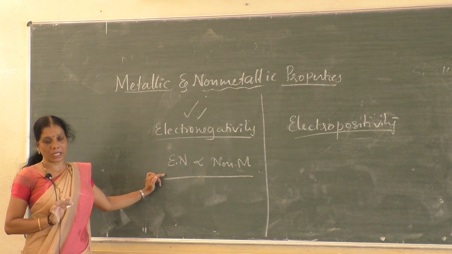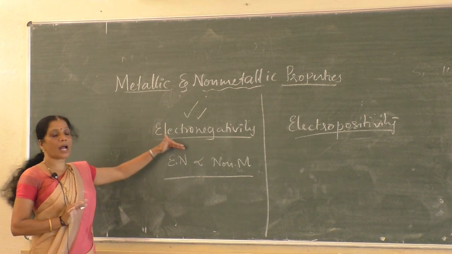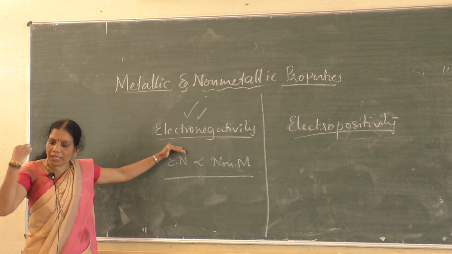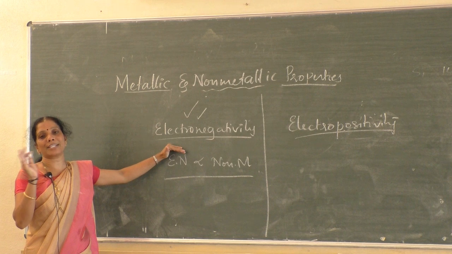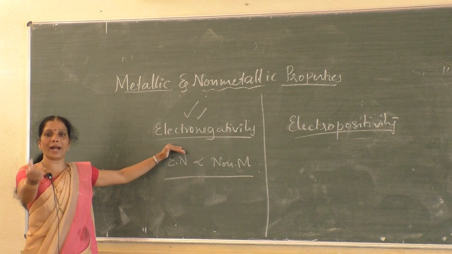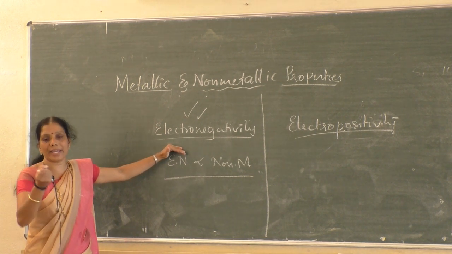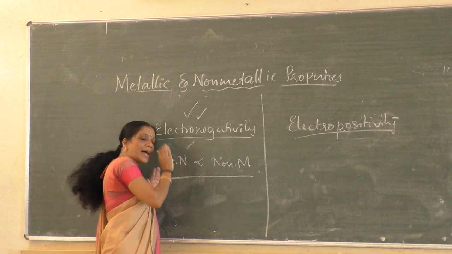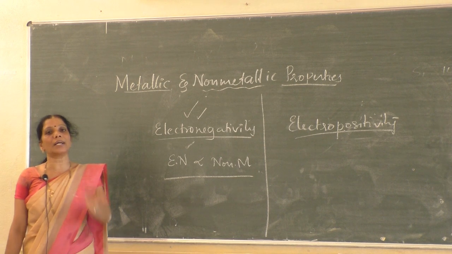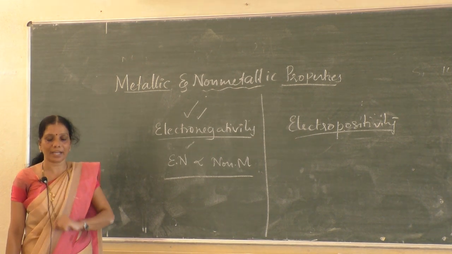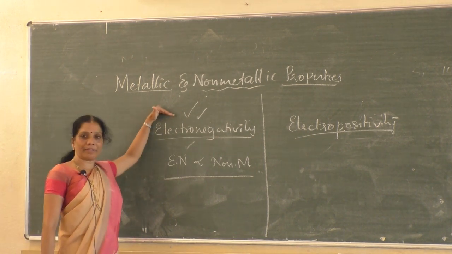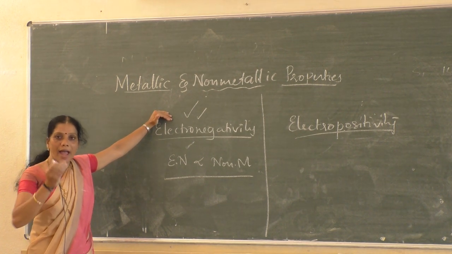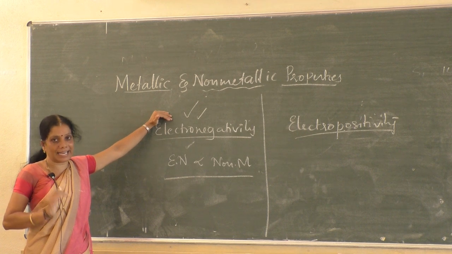It is always directly related to what? Non-metallic property. That means if the atom of any element has got a highest tendency to attract the electrons, to gain the electrons, then that atom or that element is always what? Non-metals. Understood this now? Electronegativity means tendency of an atom to attract the electrons or gain the electrons.